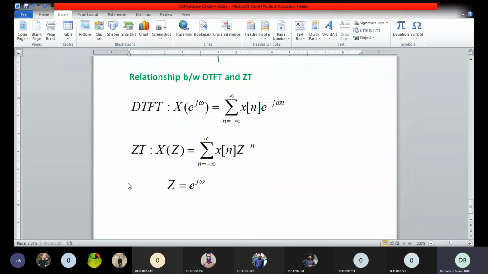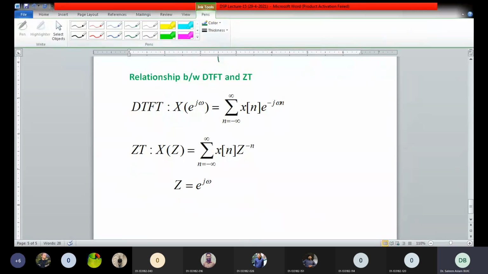If we compare this, what is z equal to e to the power j omega? It means that if you compare the value of a complex number, how do you represent complex numbers?